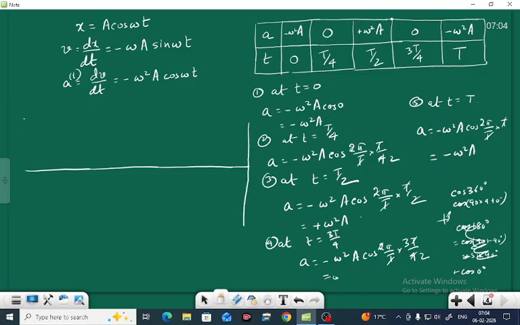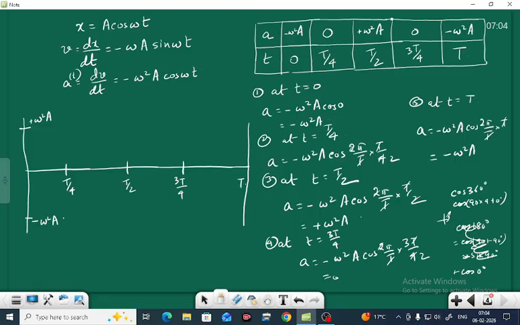This value is plus omega square a, and this value is minus omega square a, and here we'll find the points: this is time t equal to 0, this is T by 4, this is T by 2, this is 3T by 4, and this is time T. How will we find it?